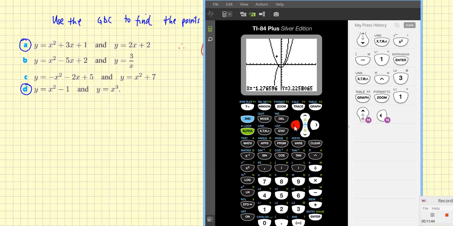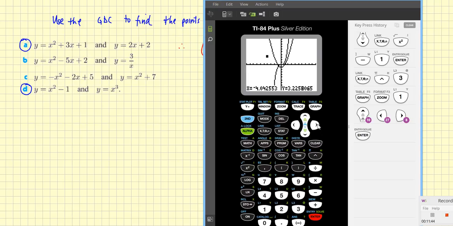I'm just going to keep moving the cursor. Okay, I think that's good enough. Oops, I think I went a little too far. Let's go a little bit closer into the graph, and I'm going to press enter.